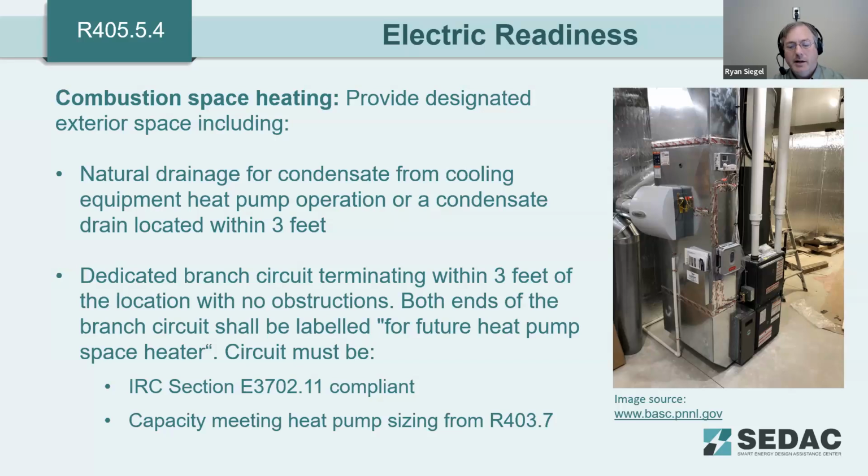This is where it gets very important to do your load sizing of equipment that is required by the code, but improperly sizing your equipment will oftentimes lead to much larger capacity requirements for electrical services.